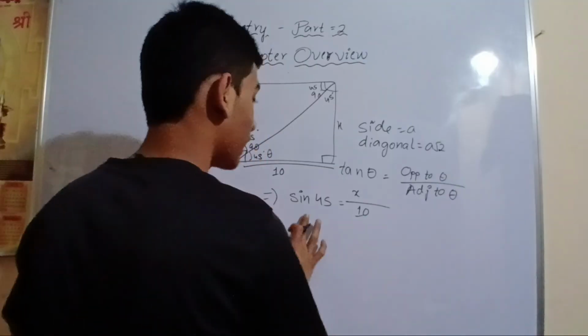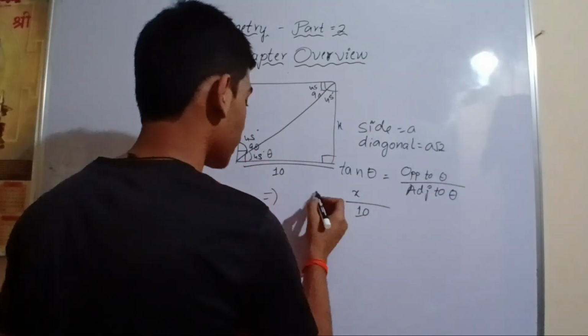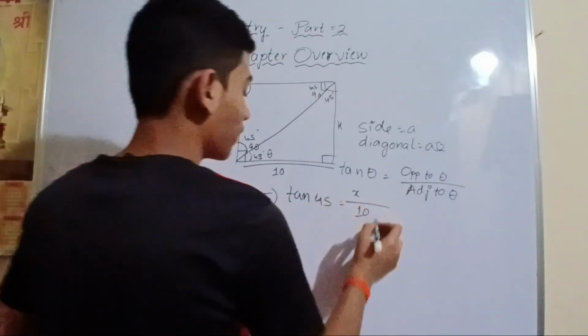Sorry, it's not sine, I wrote sine by mistake. Tan 45 equals x by 10.